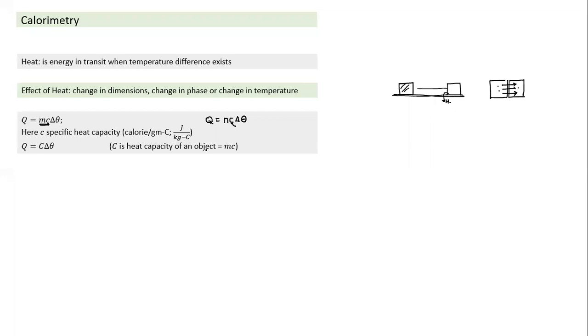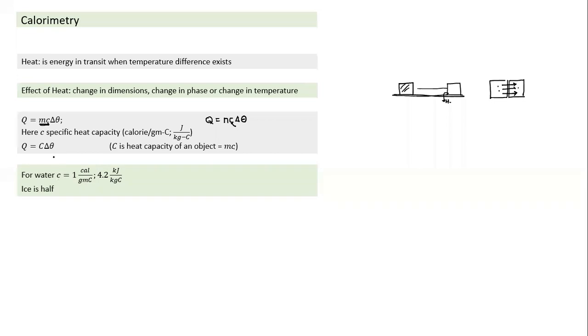Naturally, heat capacity of an object is not just the property of the material. It reflects the property of the material as well as the mass of the object. So there are three different heat capacities, depending on how heat Q and change in temperature are related: in terms of mass, mc delta T; in terms of moles, nc delta T; and C delta T or delta theta.